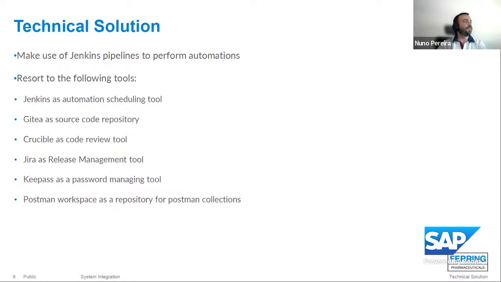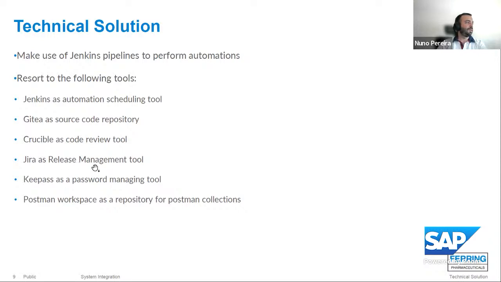So we make use of Jenkins as the main platform to trigger our integration, our DevOps pipelines, let's say. So we use Jenkins as the scheduling tool. We use Git as the source code repository, where we store our artifacts. We use Crucible for code review.